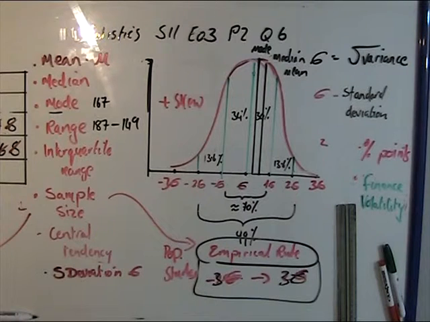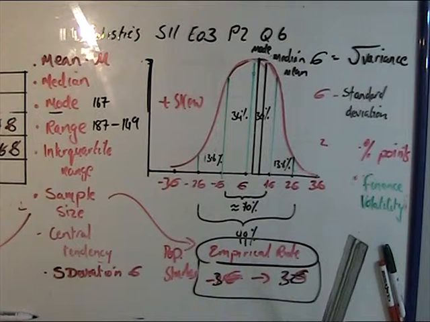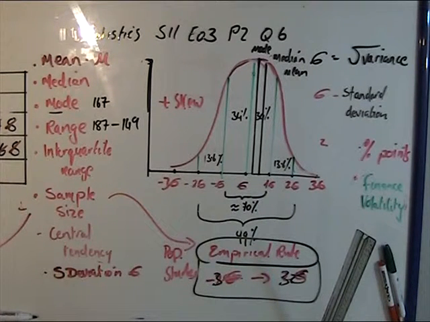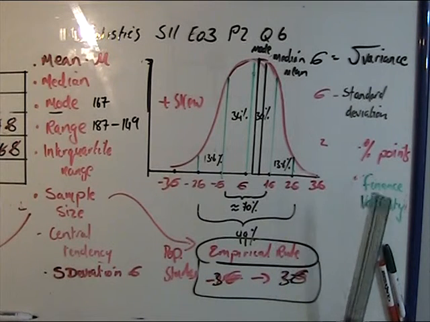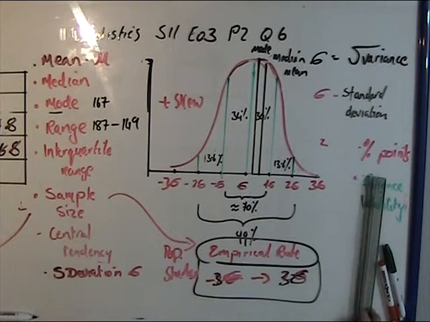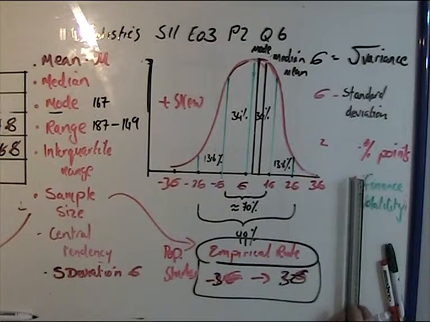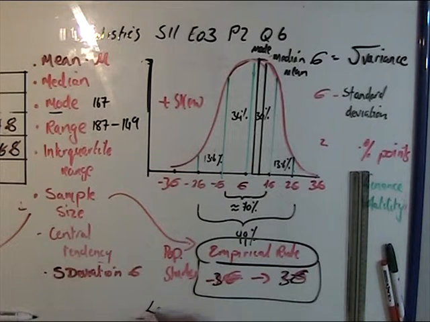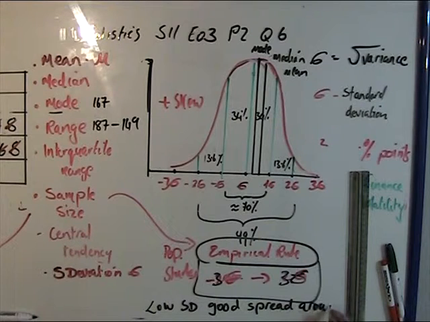Standard deviation indicates how much variation or dispersion from the average exists. If we have a low standard deviation, that means we have a good spread, that they are all spread around the mean.